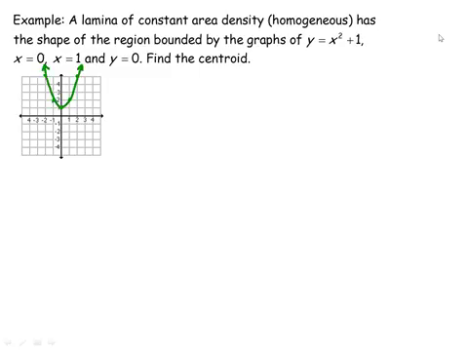And then you have x equals 0, which is your y-axis. X equals 1 is a vertical line going through the x-axis at 1. And y equals 0 is your x-axis. So what region are we talking about? We're talking about this little trapezoidal region right there.